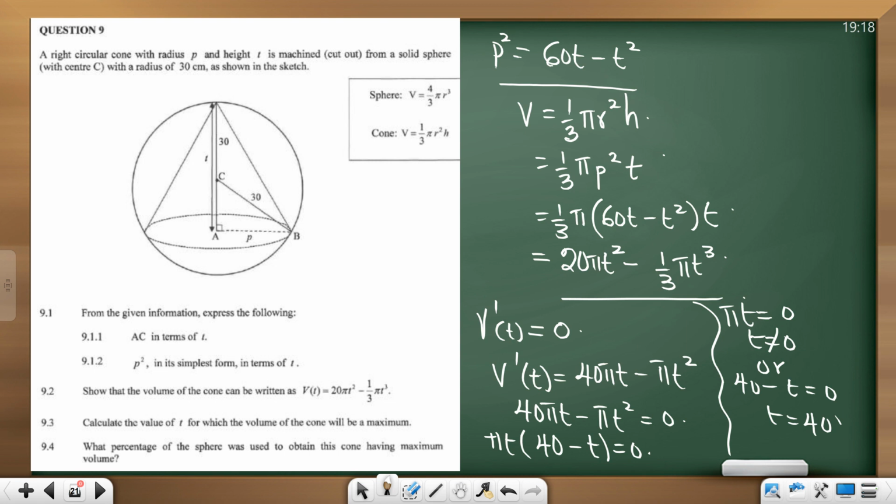We have our t. Can we substitute p squared? You see that p squared equals 40t minus t squared. That formula there. Please get me the value of p when t is equal to what? 40. Everybody? P squared equals 60t minus t squared.